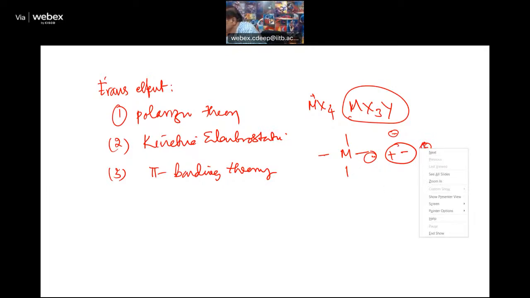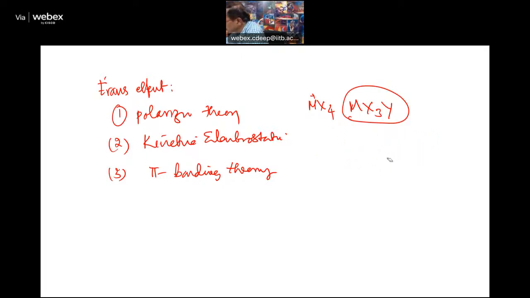Let me write here like this. The metal is polarized, something like this. Let us say you have polarizability.